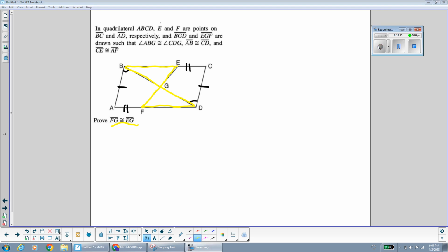So the first thing I realize is not only do we have this pair of opposite sides congruent to each other, but I also know that these angles are congruent. Now those angles, and I'll just make my Z for a second so you can see, are alternate interior angles.